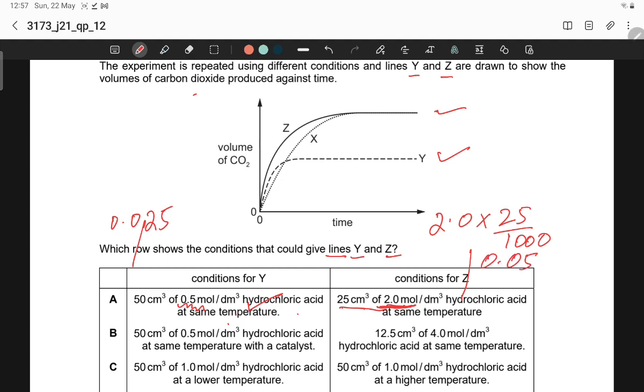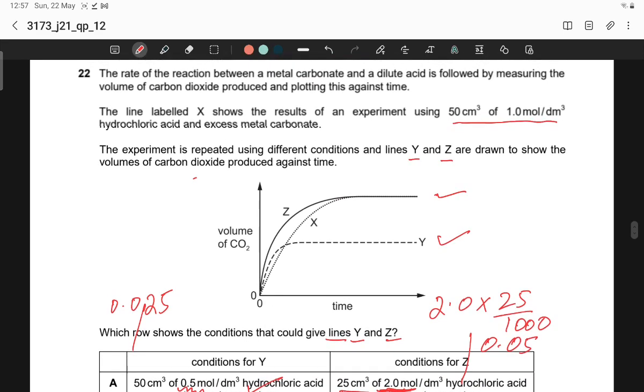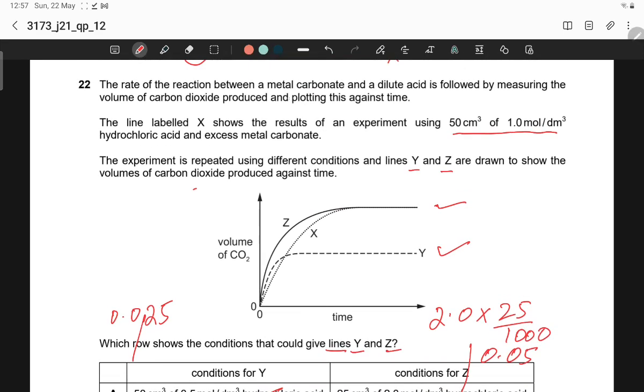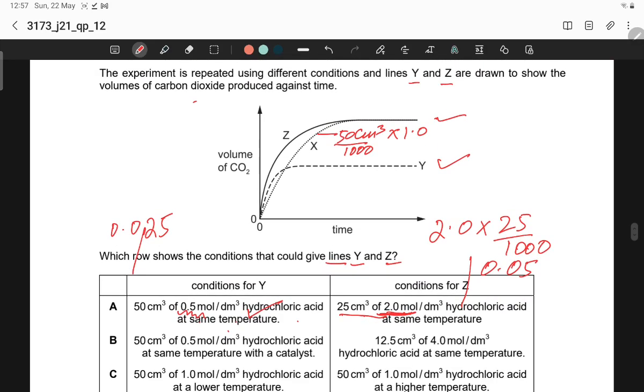This is 0.05. And the question is metal carbonate and dilute acid is followed, results of experiment using line X. Line X is of 50 cm³ into 1 divided by 1000, this is equal to 0.05.